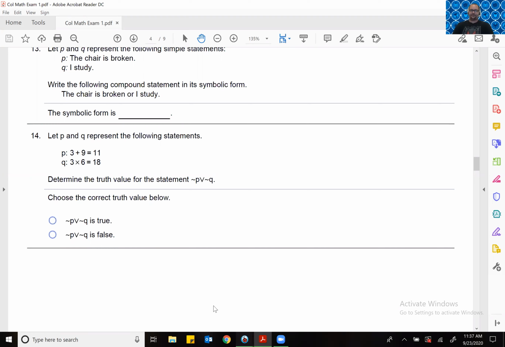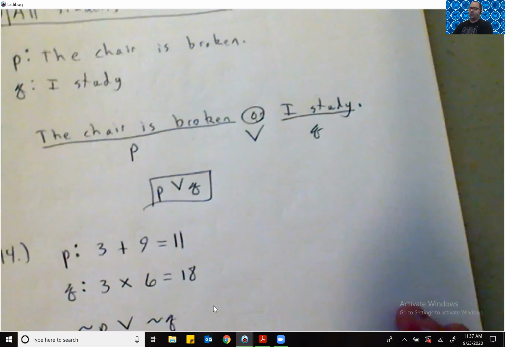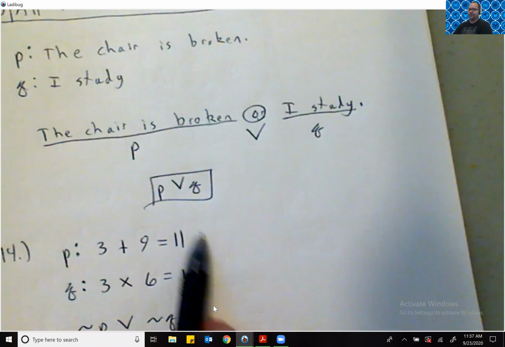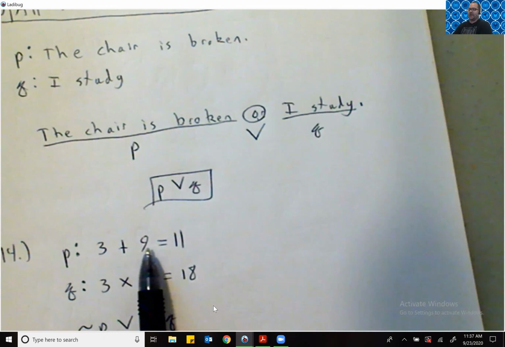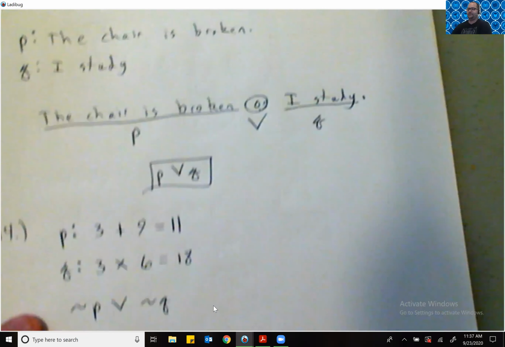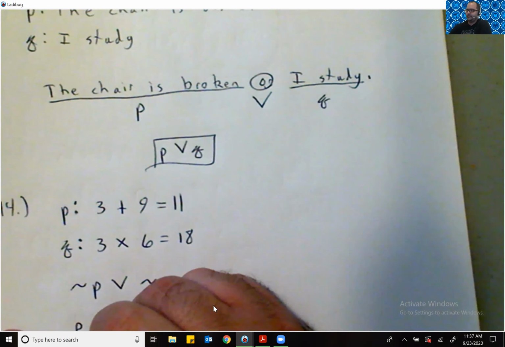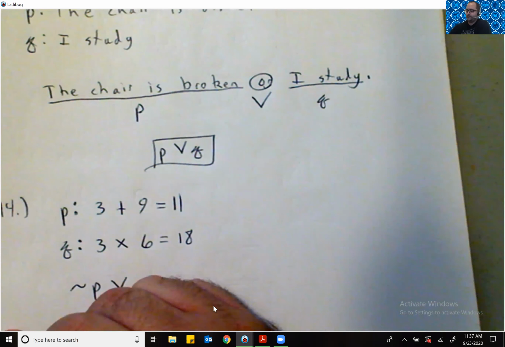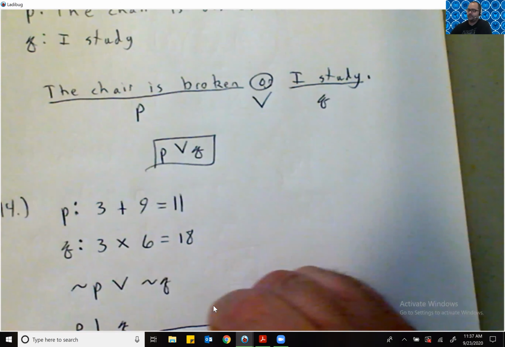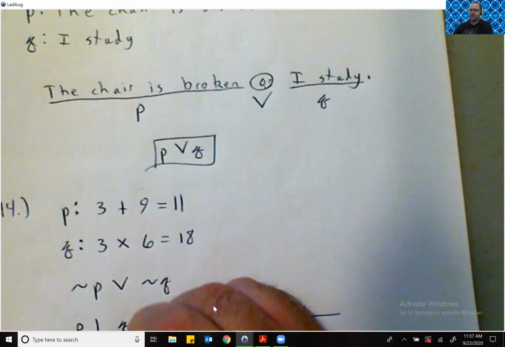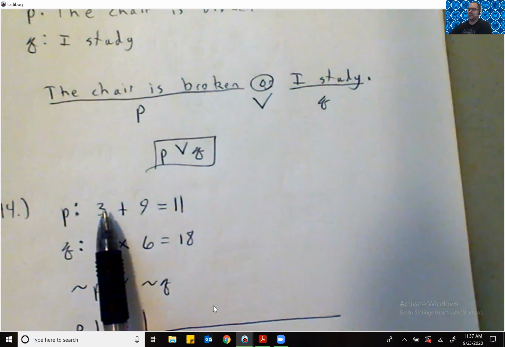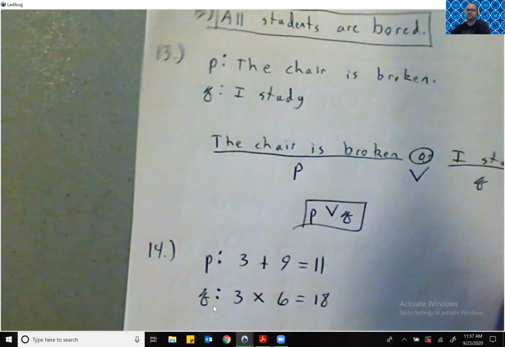Now, right away, you know whether P is true. Is 3 plus 9 equal to 11? Is that true or false?